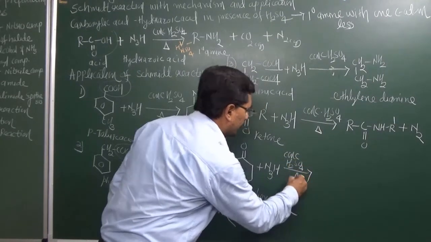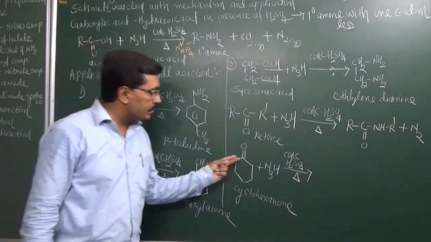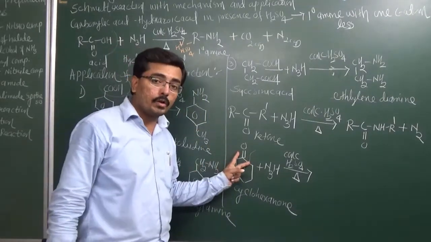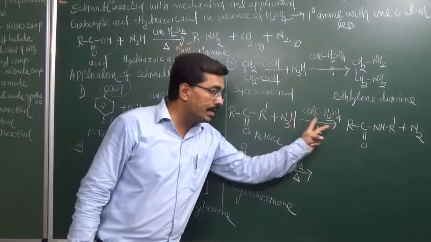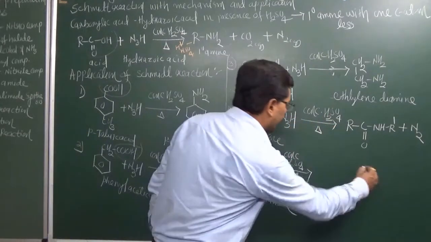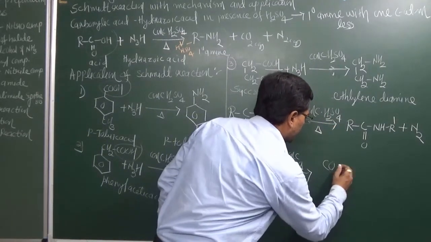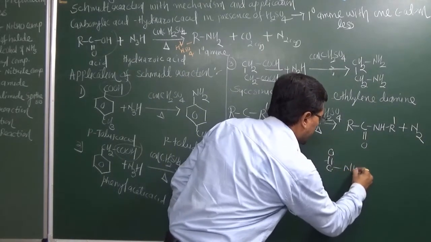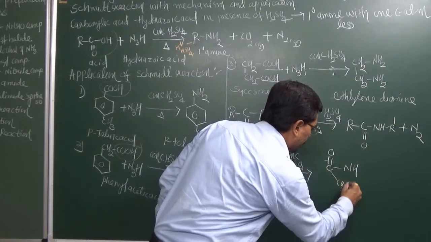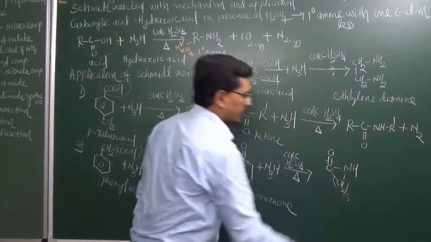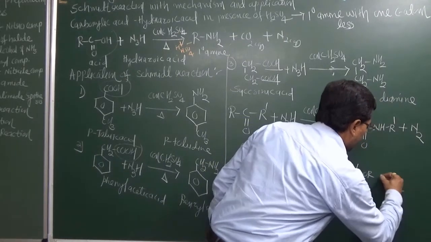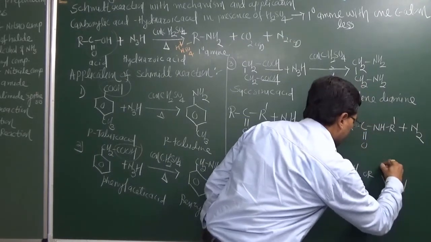What happens is that in between these two, this bond will break, and according to the mechanism NH will enter, and as a result we get this type of structure, CONH. We can write CO and NH, and here CH2 five times. We can write this structure in this way also.